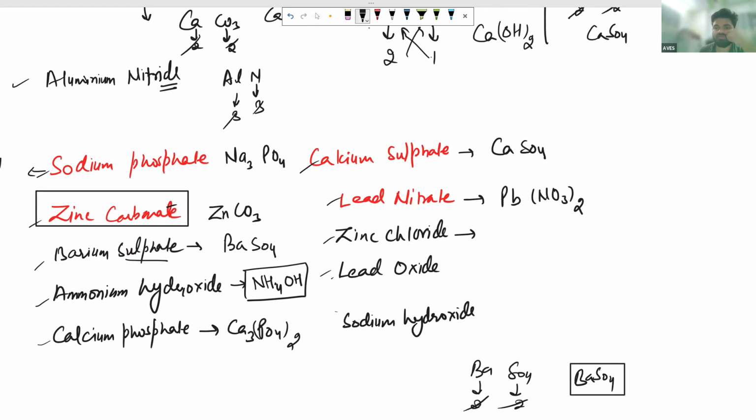ZnCl2. Yes. Lead oxide. Lead has valency 2 and oxide has valency 2. They will cancel out each other. You will get PbO. Sodium hydroxide.